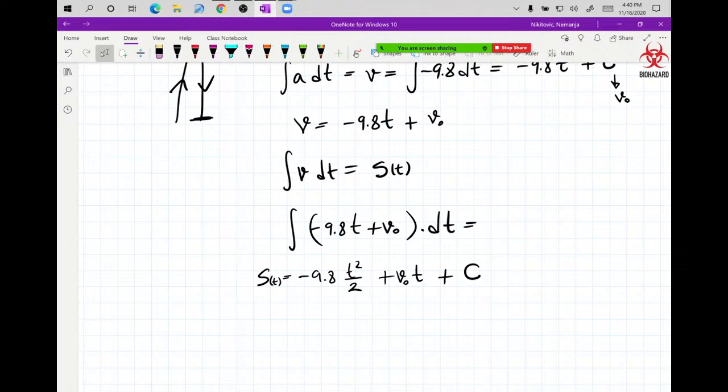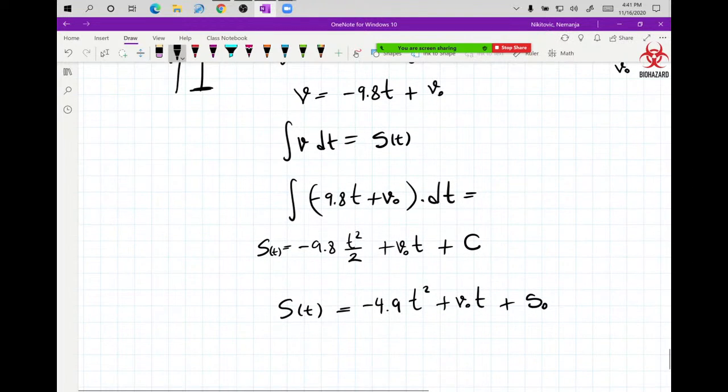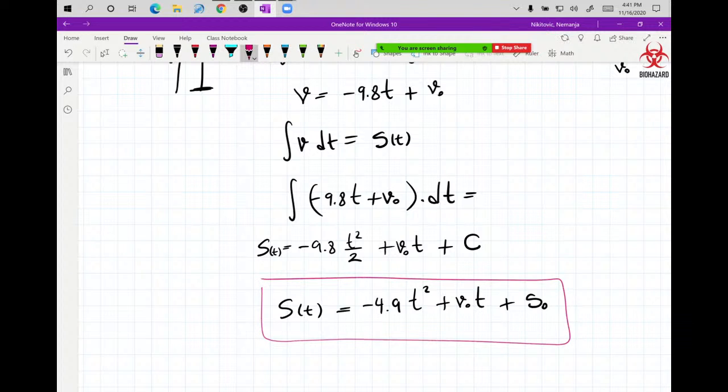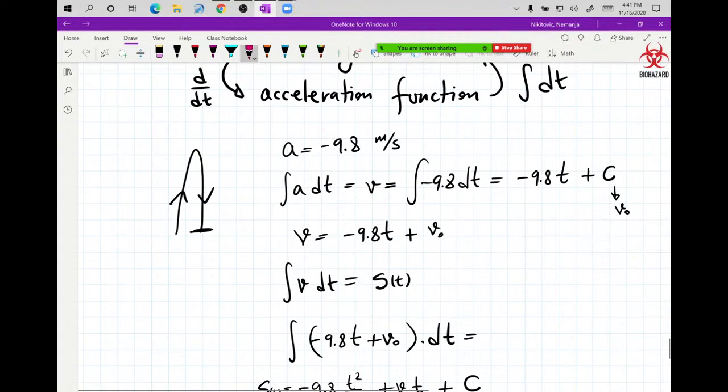When you fix this, you get that s of t is equal to negative 4.9 t squared, because I had to combine these numbers, so half of 9.8 is 4.9, plus v0 t plus s0, which is the initial height. So here are the three equations for parabolic motion, but also more than that.